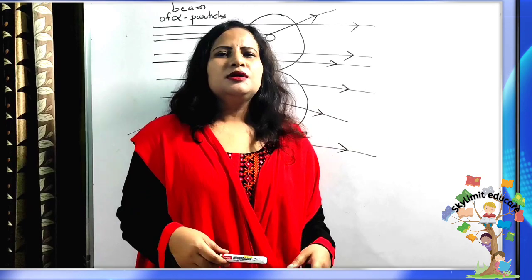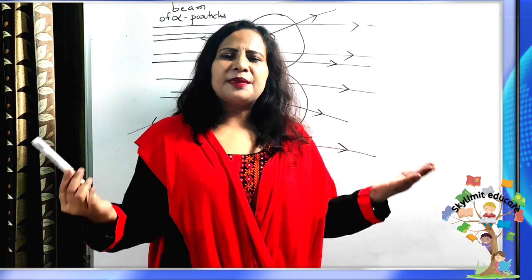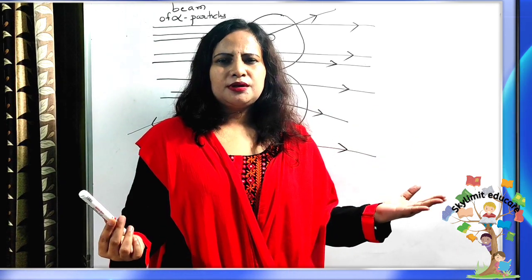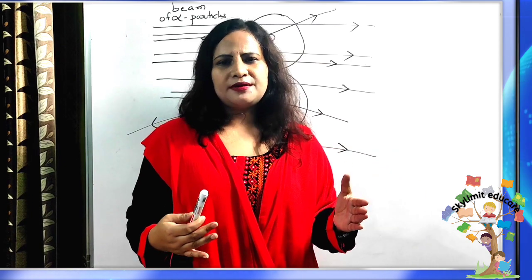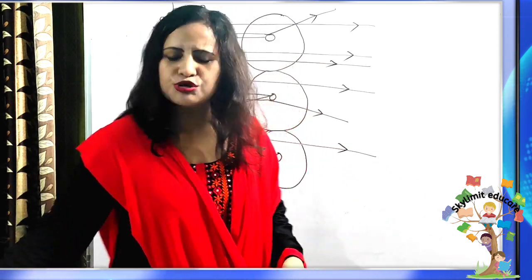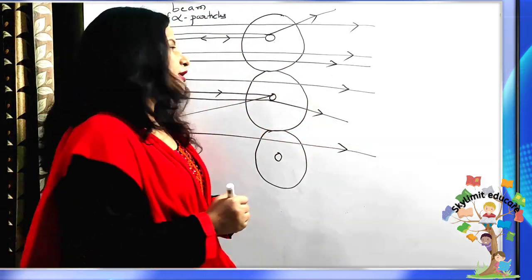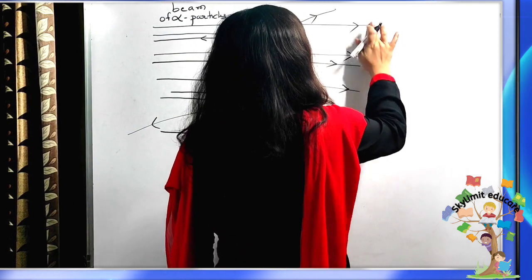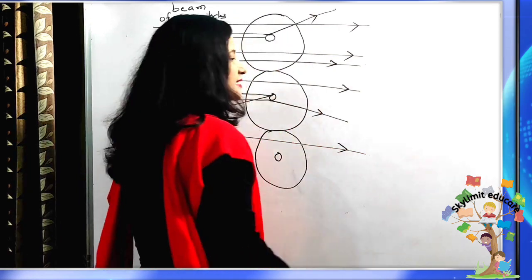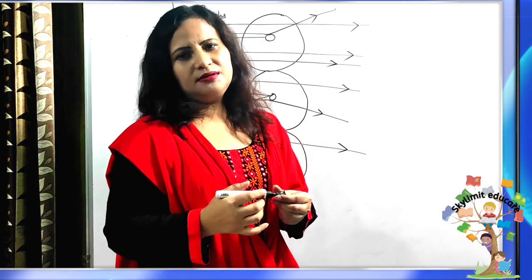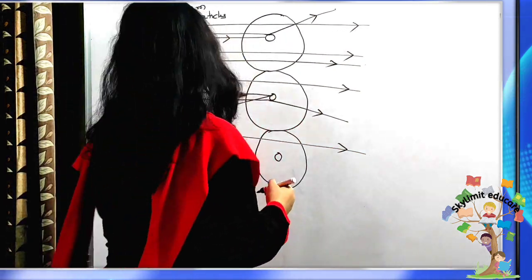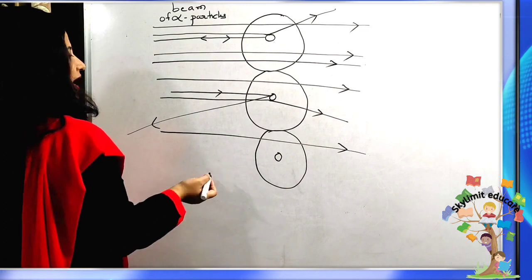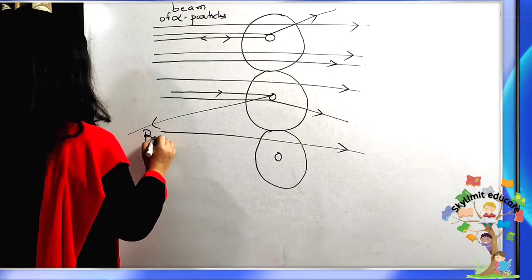Okay. So after the observations made by Rutherford, what were the conclusions drawn by Rutherford? Let us come to the conclusions drawn by Rutherford. He drew some conclusions, and based on those conclusions, he gave a model called Rutherford's atomic model.